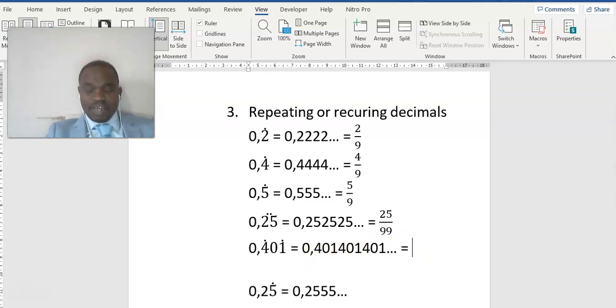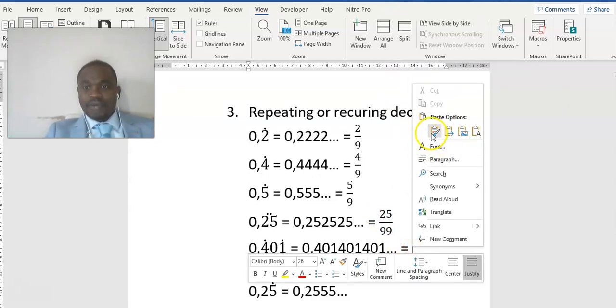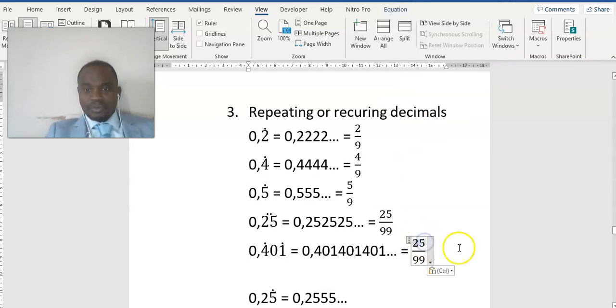What is it going to be to write it in that form? 401. How many numbers are repeating? 3. 401. These are the ones that are repeating. So 3 numbers are repeating, so it's going to be 999. Alright, okay.